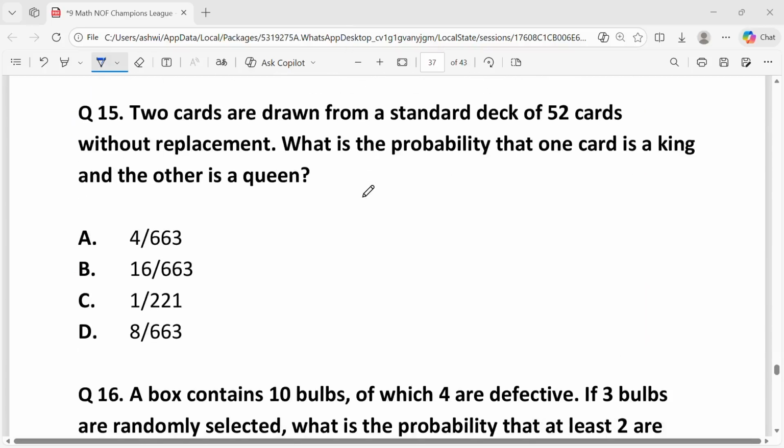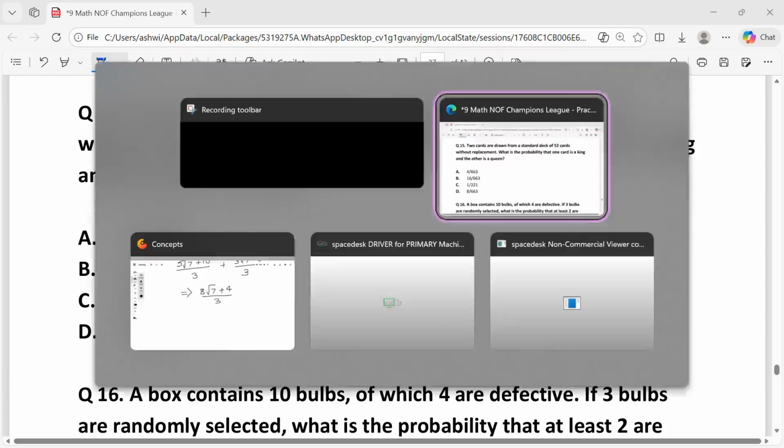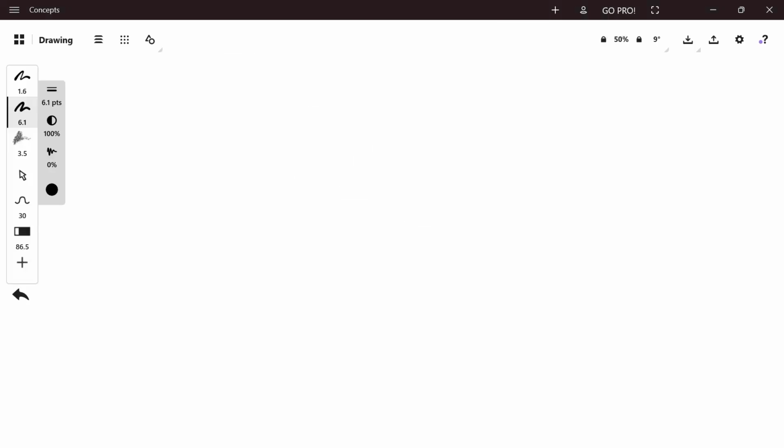Question 15. Two cards are drawn from a standard deck of 52 cards without replacement. What is the probability that one card is a king and the other is a queen? The number of ways to draw two cards from 52 without replacement is the combination of 52, 2.